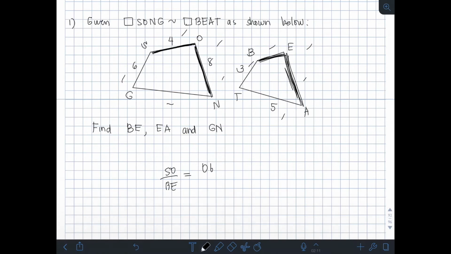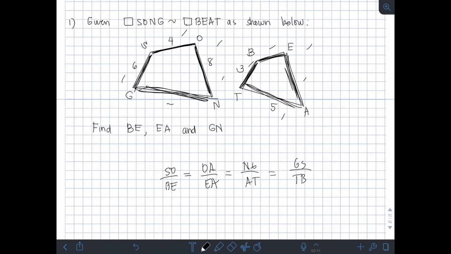So, ON over EA equal, ratio ulit ng corresponding sides, let's say NG and AT. So, NG over AT equal. Lastly, yung GS over TB.